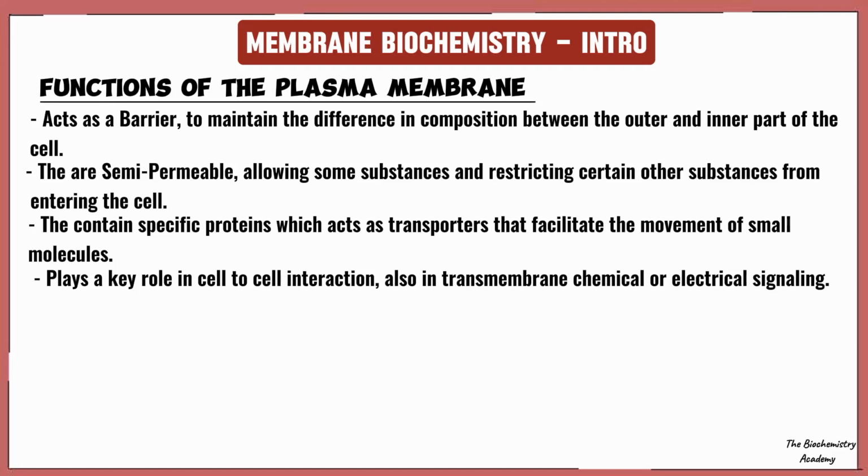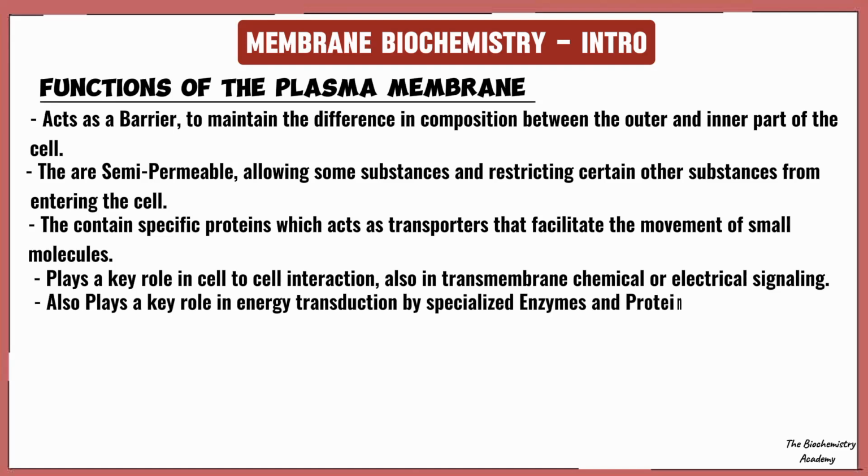Now, the cell membrane also plays a key role in energy transduction by specialized enzymes and proteins that are embedded in the cell membrane. An example is seen in oxidative phosphorylation and in photosynthesis, because they both take place in the membrane.